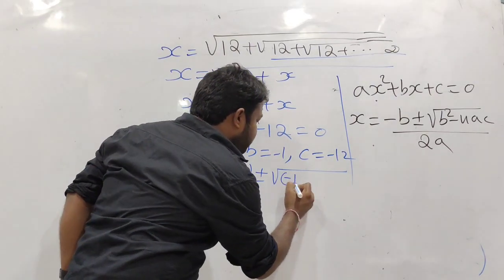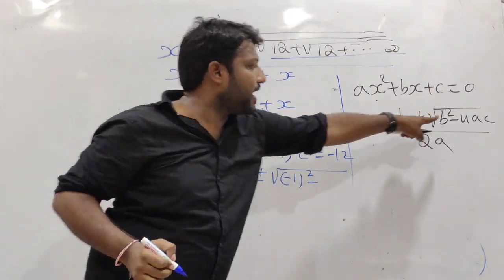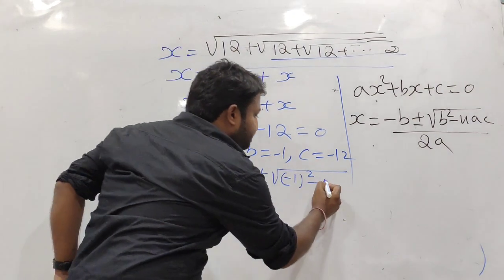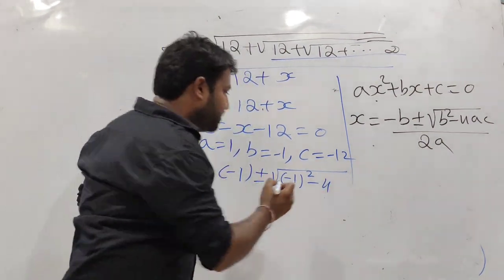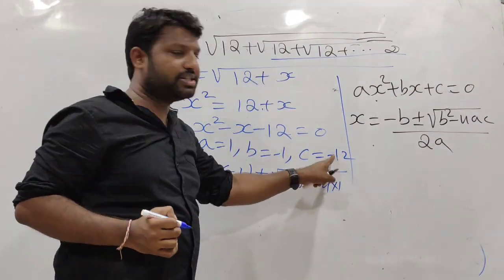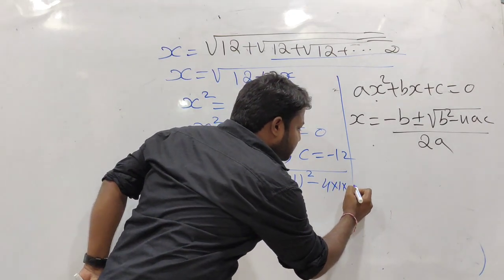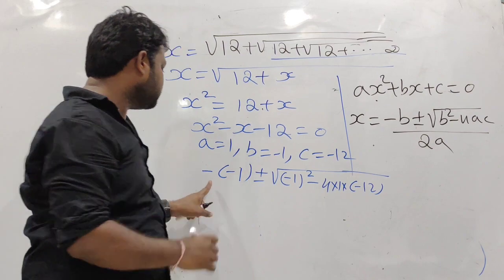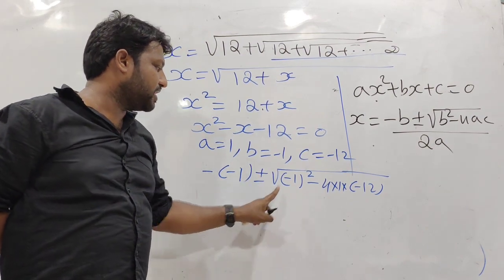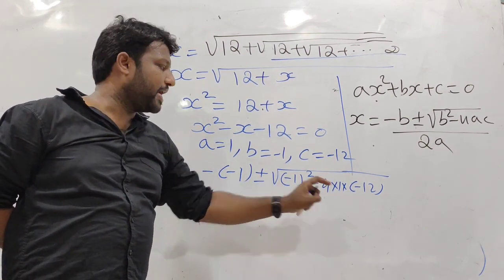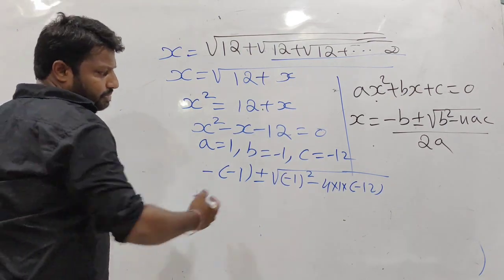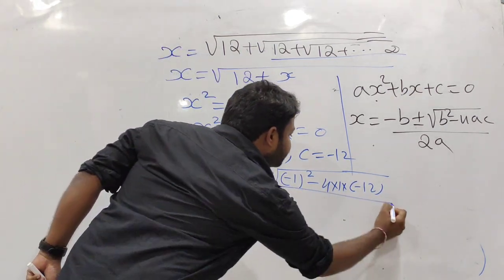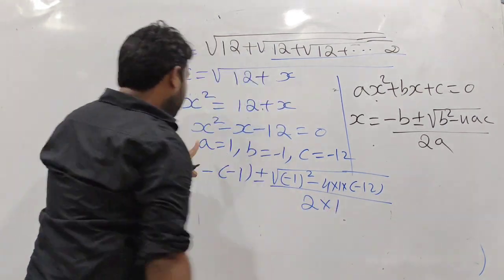So -1 whole square minus 4ac. 4, what is a? A is nothing but 1. Next what is c? C is nothing but -12. So -b plus or minus under root of b square minus 4ac by 2a. So 2 into what is a? A is nothing but 1.